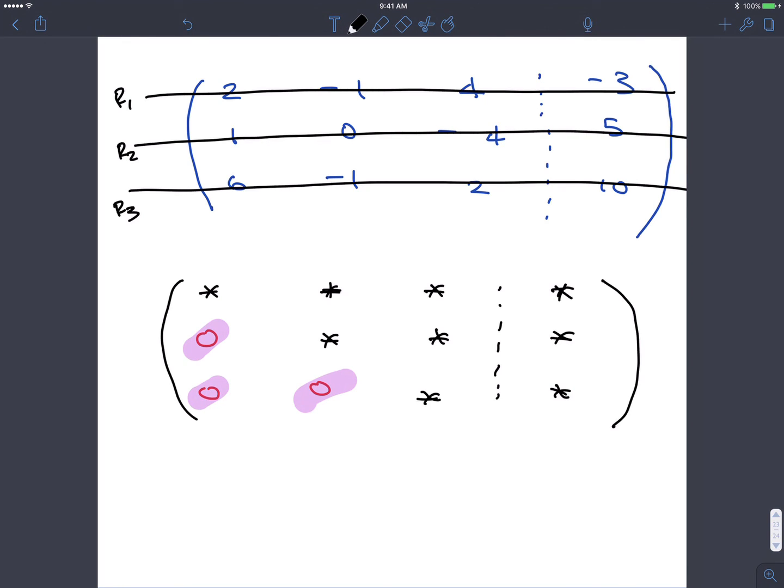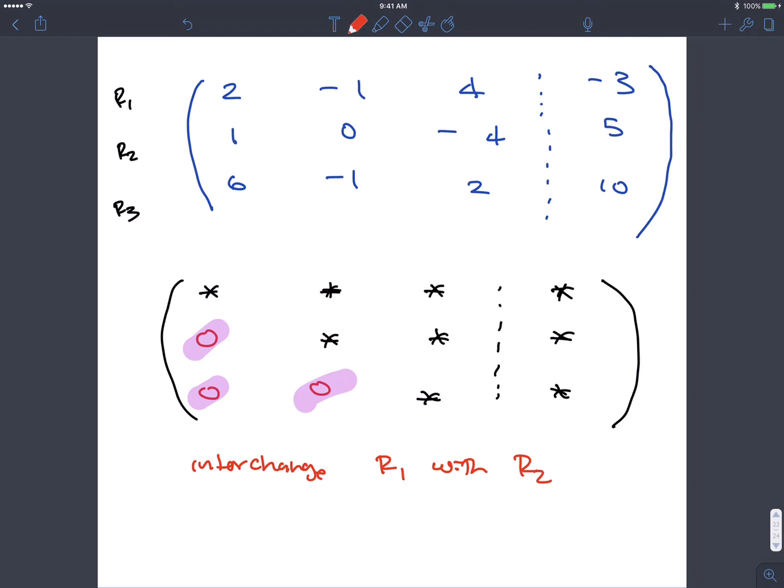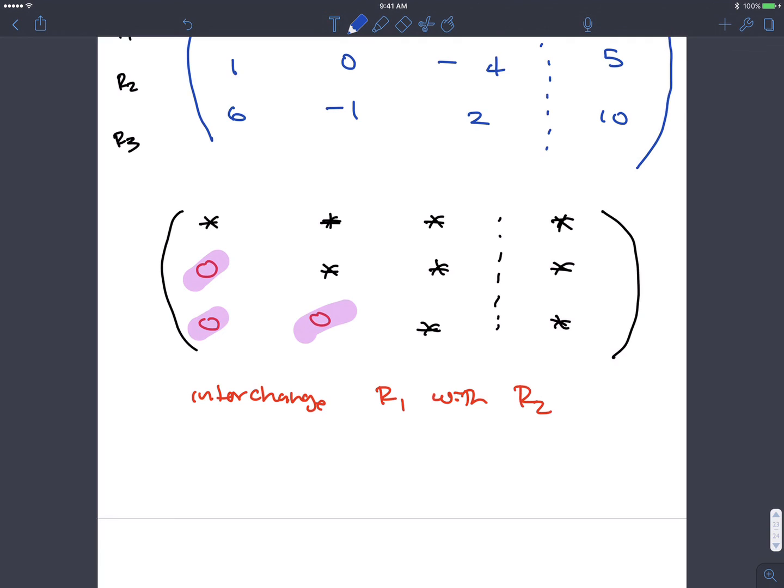And what I'm going to do here is I'm going to interchange row 1 and row 2. I'm going to write that in red. Interchange row 1 with row 2. Now let's take a close look and see what those rows are. This is what I'm going to get. That means these values here are going to be in my first row: 1, 0, -4, and 5.